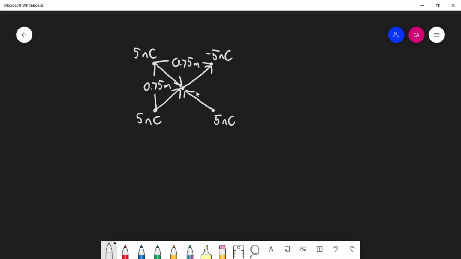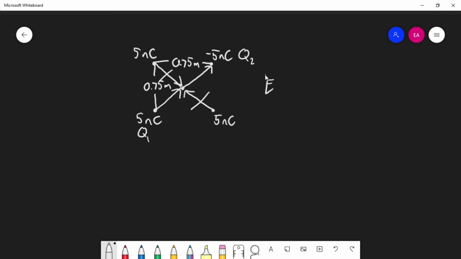So these field lines can actually already be cancelled. So what is actually being asked in the problem is just to find the total electric field in this diagonal. So here, let's call this Q1 and let's call this Q2.